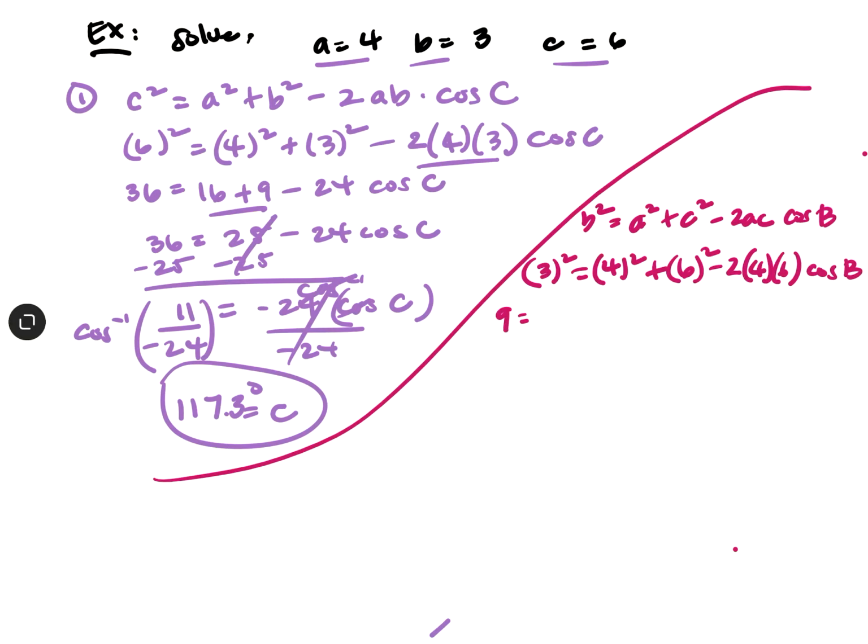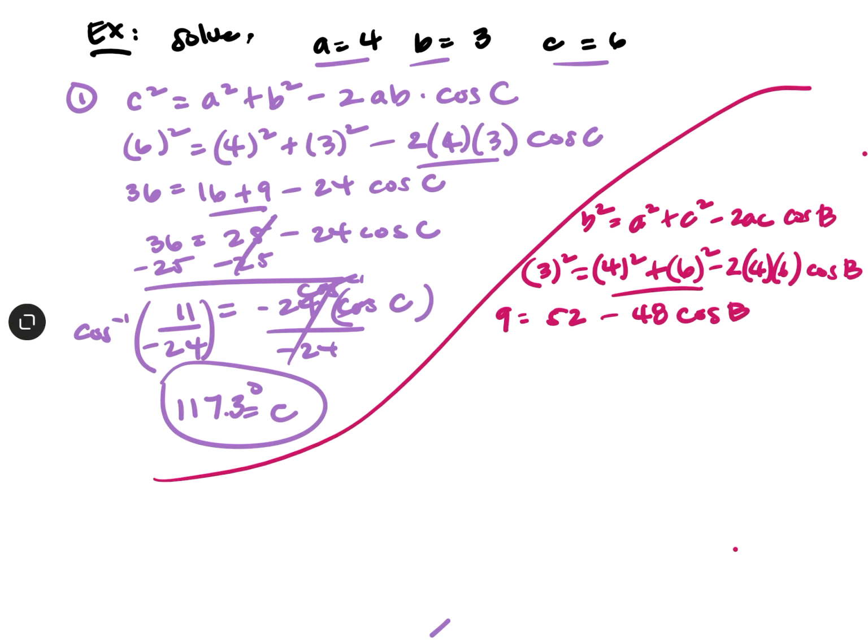9 equals, let's do this all together. So 4 squared is 16 plus 36 is 52 minus 2 times 4 times 6, which is 8 times 6 is 48 cosine B. Again, we're not going to subtract 52 minus 48 cosine B, right?